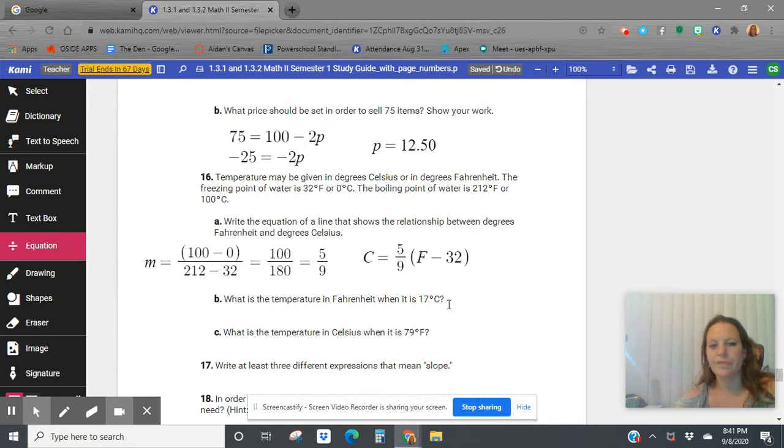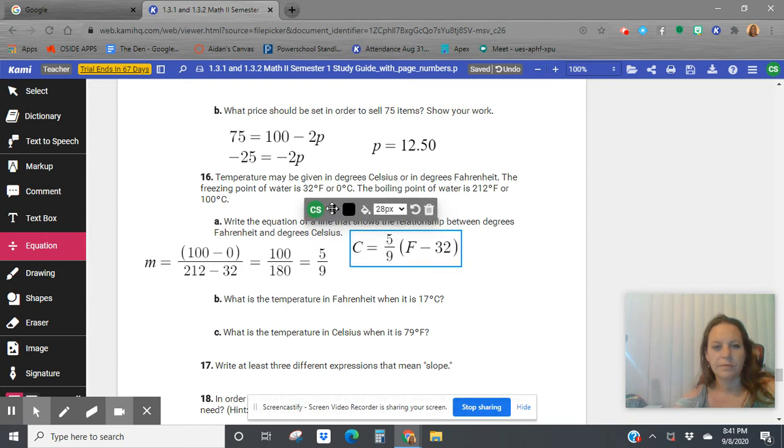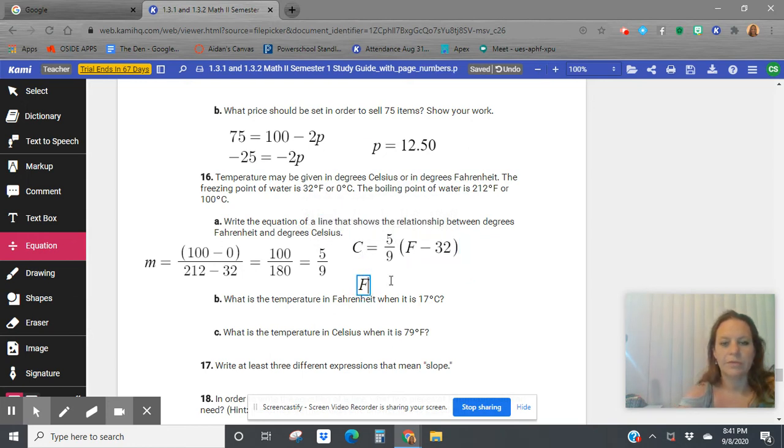What is the temperature in Fahrenheit when it's 17 degrees Celsius? So let's go do the Fahrenheit formula too. Fahrenheit equals, that's working this other one backwards, 9/5 Celsius plus 32.